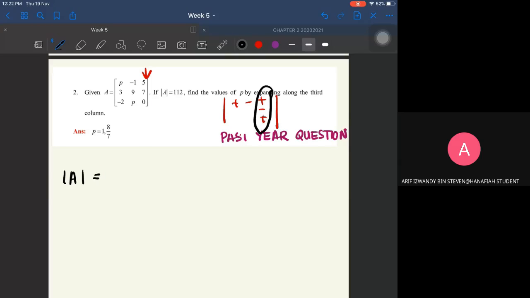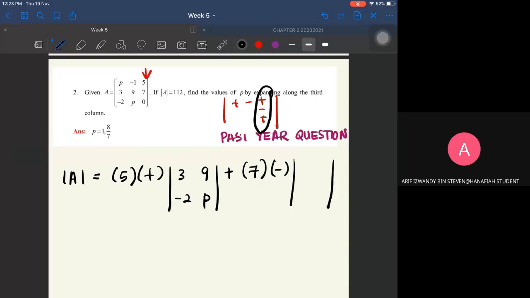Okay. So the first value is 5. The symbol is plus. So what will be inside here? So you will cancel row 1, column 3. So you will have 3, 9, negative 2p. Plus, the second value is 7. The symbol is negative.